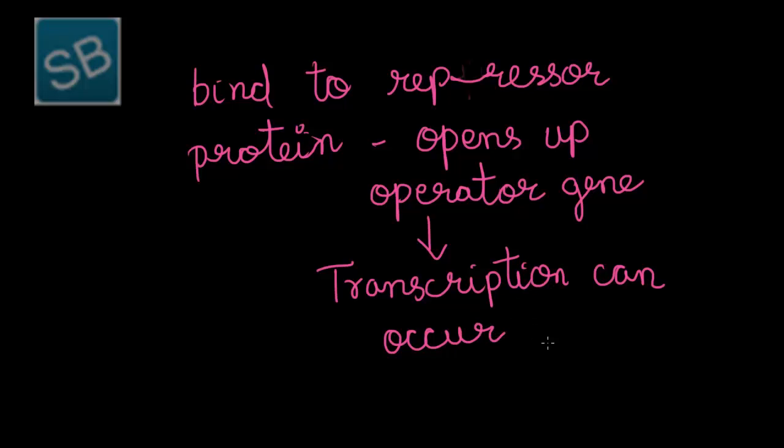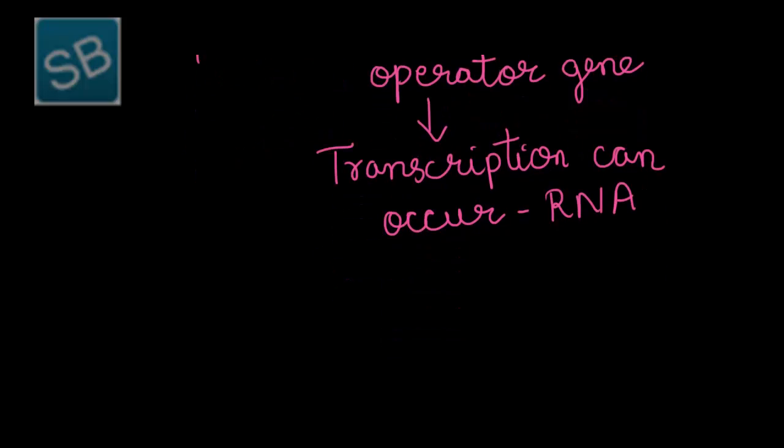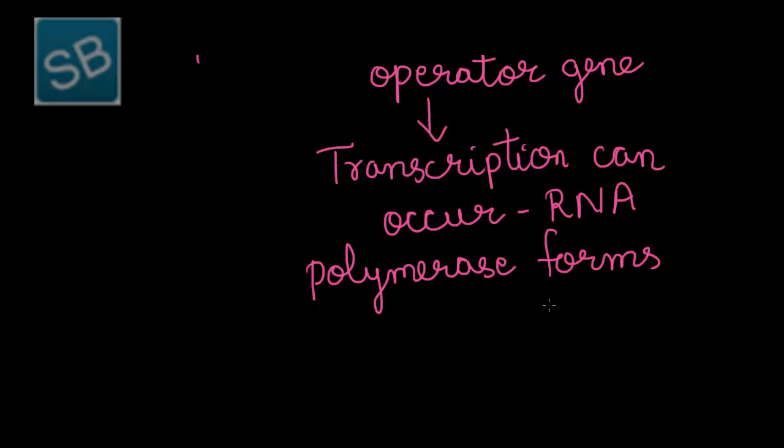And so the RNA polymerase can form mRNA, and this RNA polymerase is bound to the promoter site, which helps in the transcription and formation of mRNA.